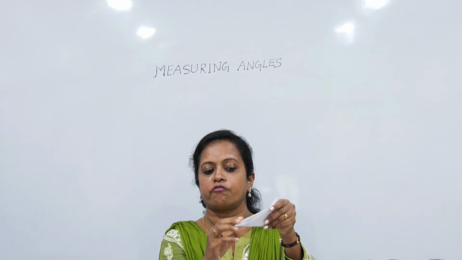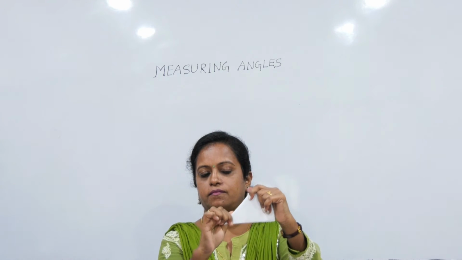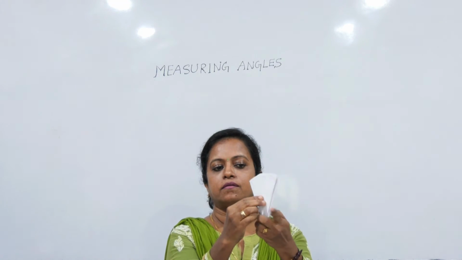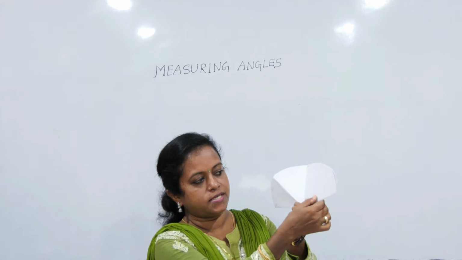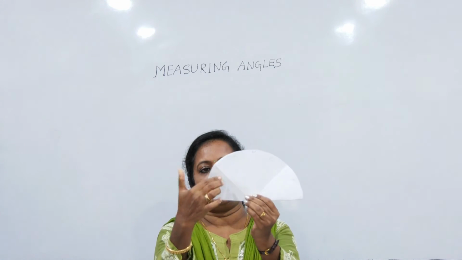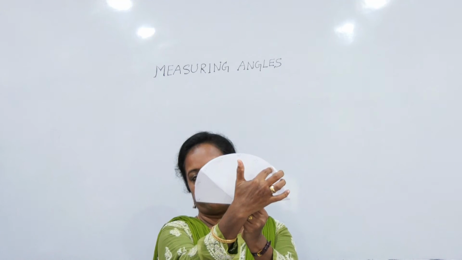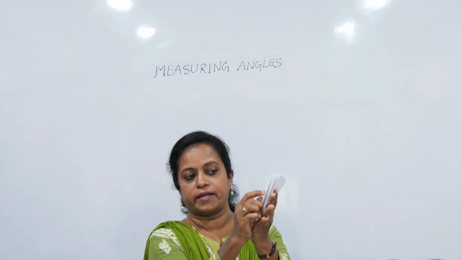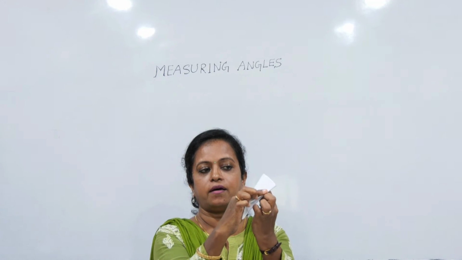You will get 45. When you open, you will get the crease like this. This was the base. In the center you have 90 degrees being formed, half of 90 degrees is 45 degrees, and if you again fold that 45 part, you will get half of 45, that is 22.5 degrees.